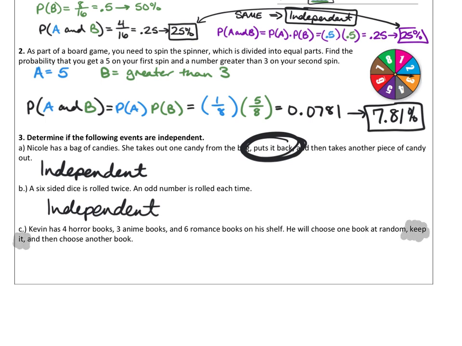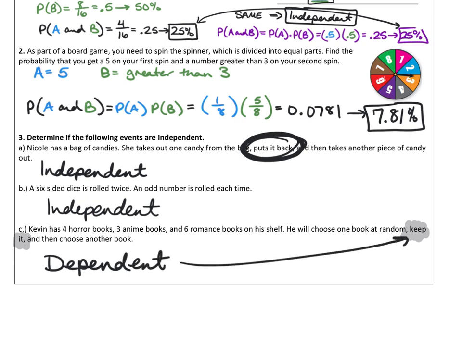No, he kept the first book and then chose another random book. So he had changed the total number of books on his shelf from the first event to the second. That is not independent. We're going to call it a dependent event, again, because he keeps it. That's huge. So if you change the total number of options from one event to another, that makes it dependent. But if you don't change the total number, it's independent.